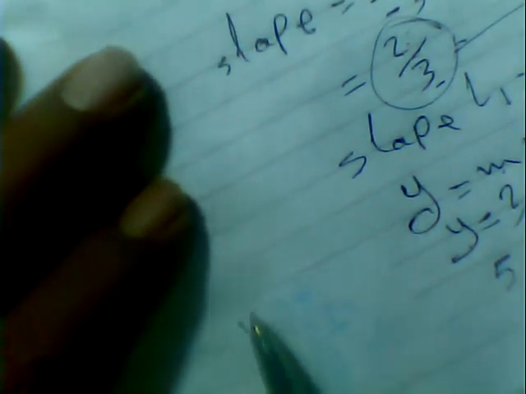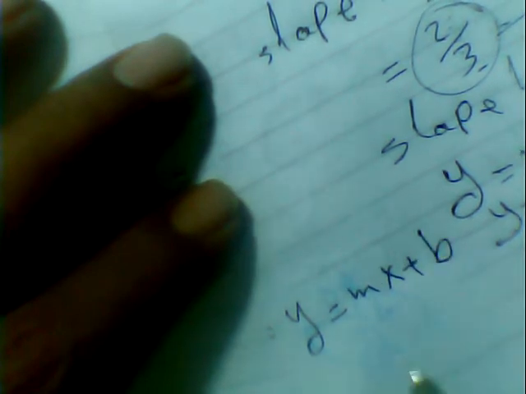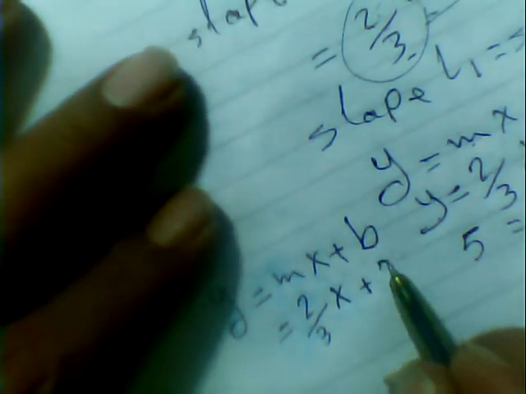We know already y equals mx plus b, where m is the slope. We already have 2 over 3 x plus b, and b is 3.